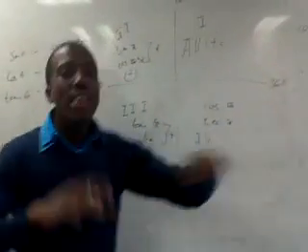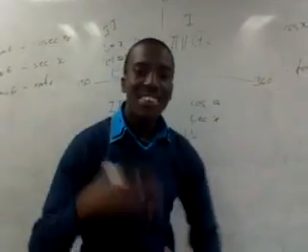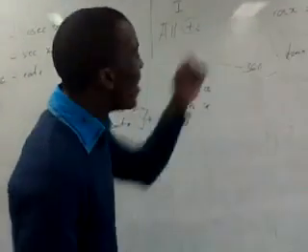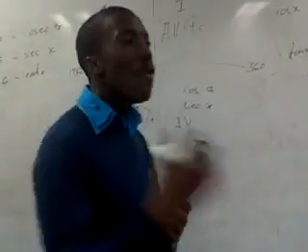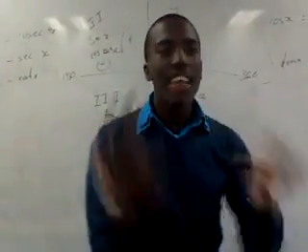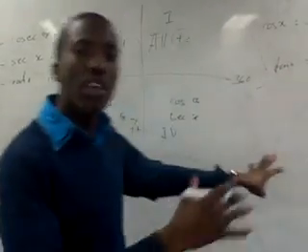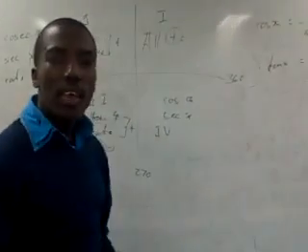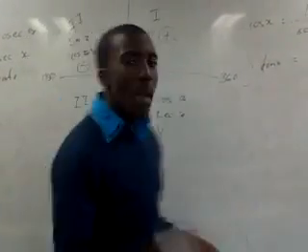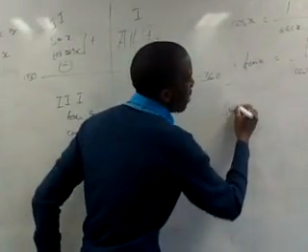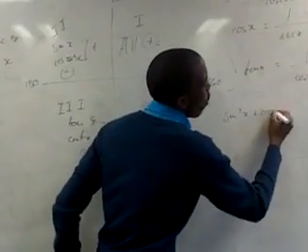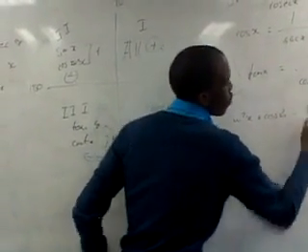Looking at the biggest equation of the trigonometric ratios, we can generate those main equations from one equation of trigonometry. Basically, that equation is sine squared x plus cos squared x is equal to 1.